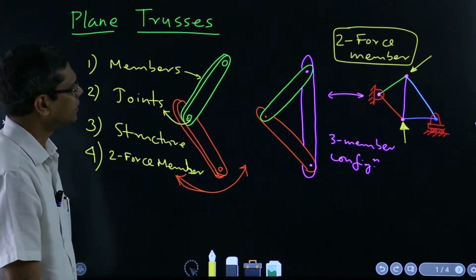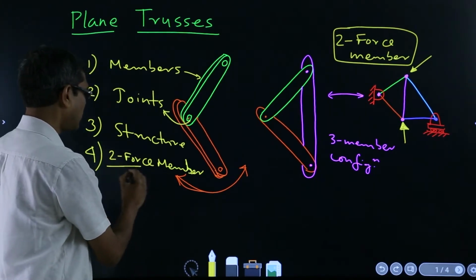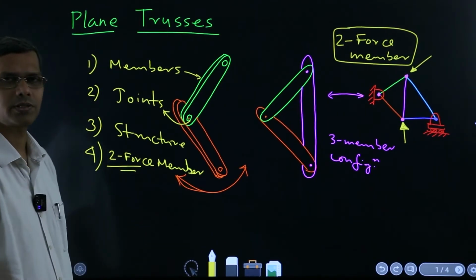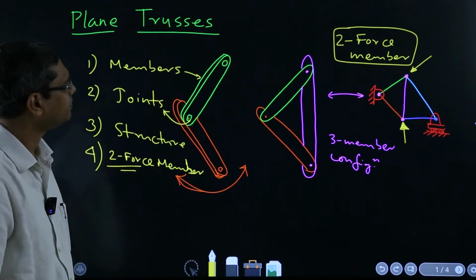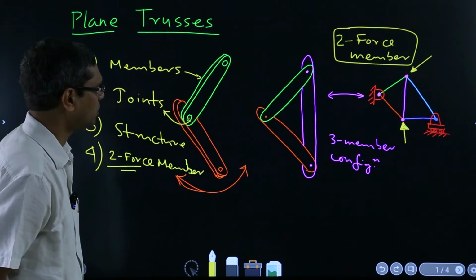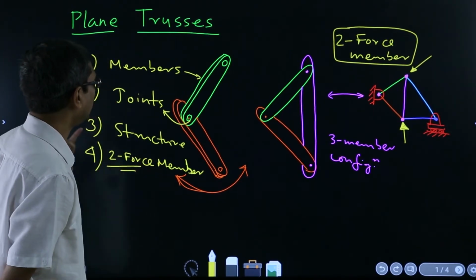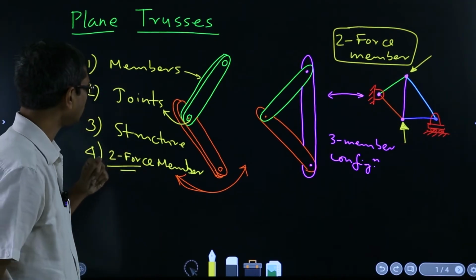Now having said that, and now we know what a two force member is from the previous segment, what can we talk about the members now, and what do we mean even by the phrase when we say that we will analyze a truss?